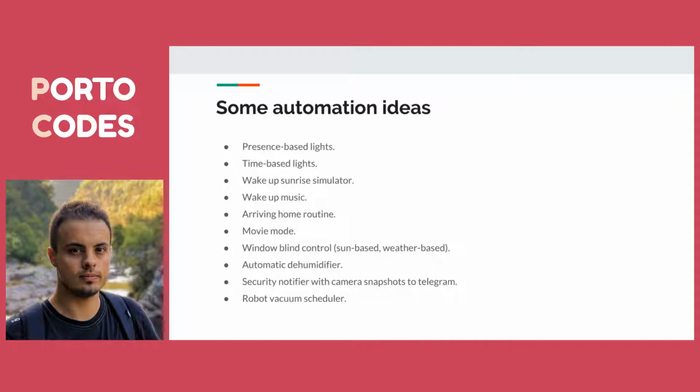Okay, just so if anyone is starting, I want to share some ideas. For me, this is the most basic thing, but probably the coolest to use day to day: presence-based lights. It is as simple as having a motion sensor turning on your light.